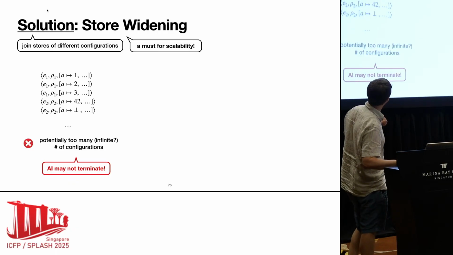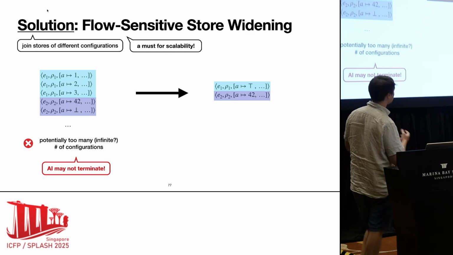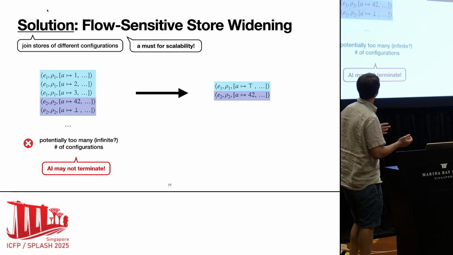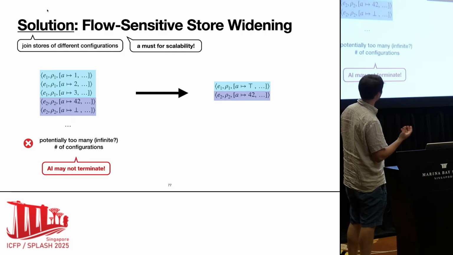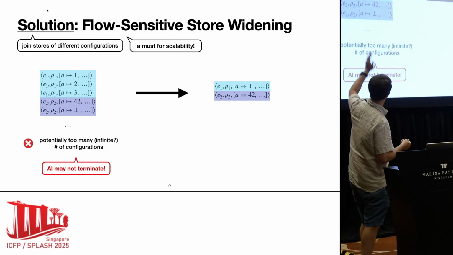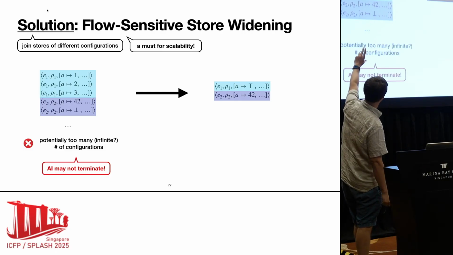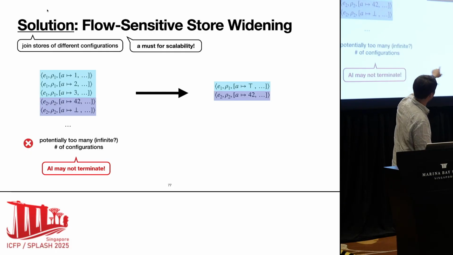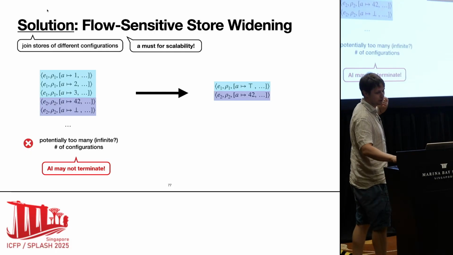So what we propose to do instead is what we call flow-sensitive store widening, where instead of joining the stores for all configurations, we join the stores of configurations that share the same control point. So basically the same expression and environment. In this case, for instance, the blue configurations would all have their stores joined together, and the same for the purple ones.